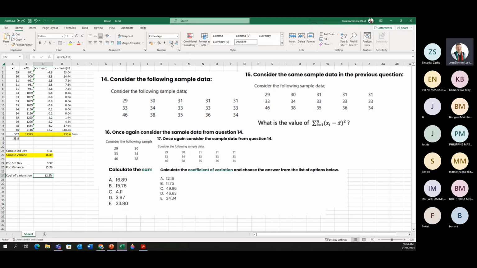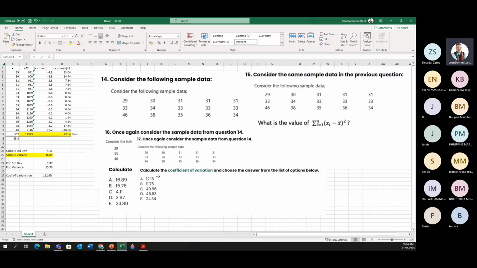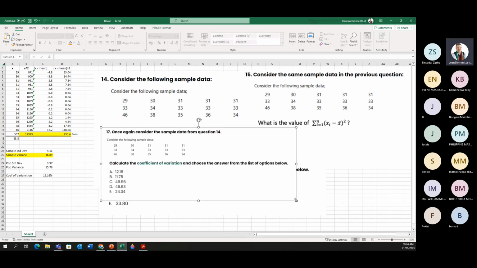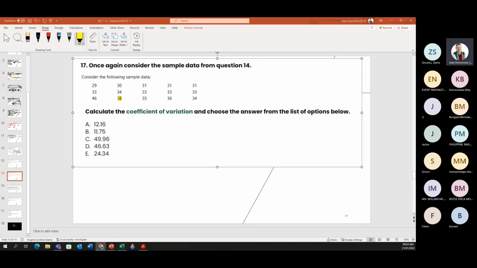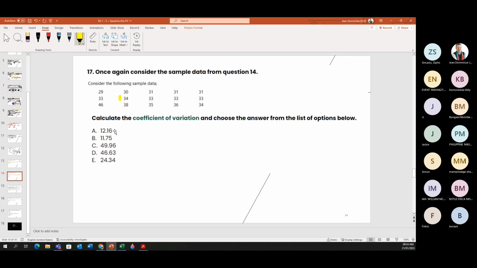Let's just see, all of these are rounded off. 12.16, there it is. Okay, 12.16.